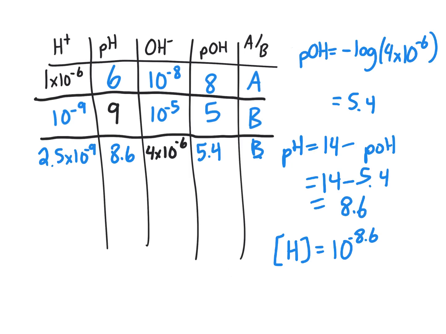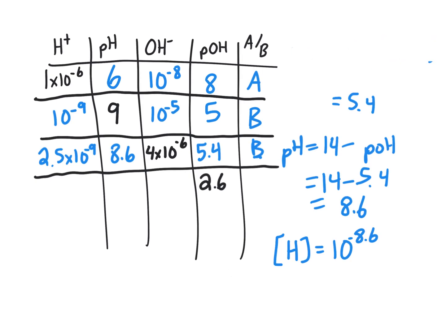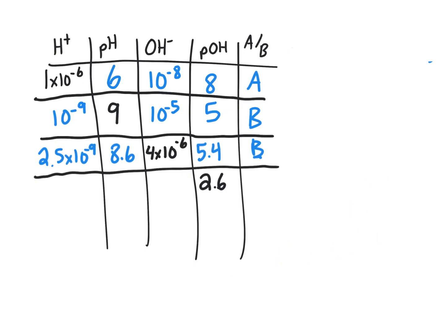And the last one, my pOH equals 2.6. So my OH equals 10 to the negative 2.6, 10 to the negative pOH.